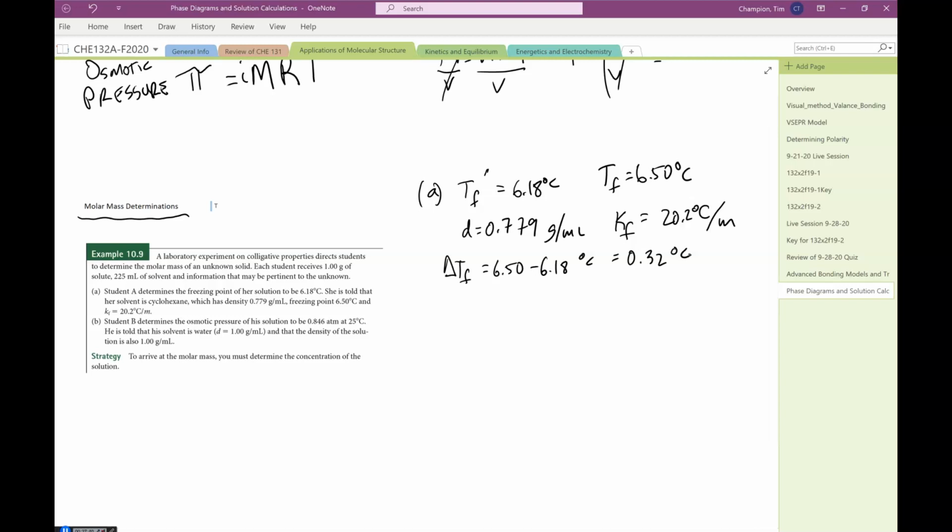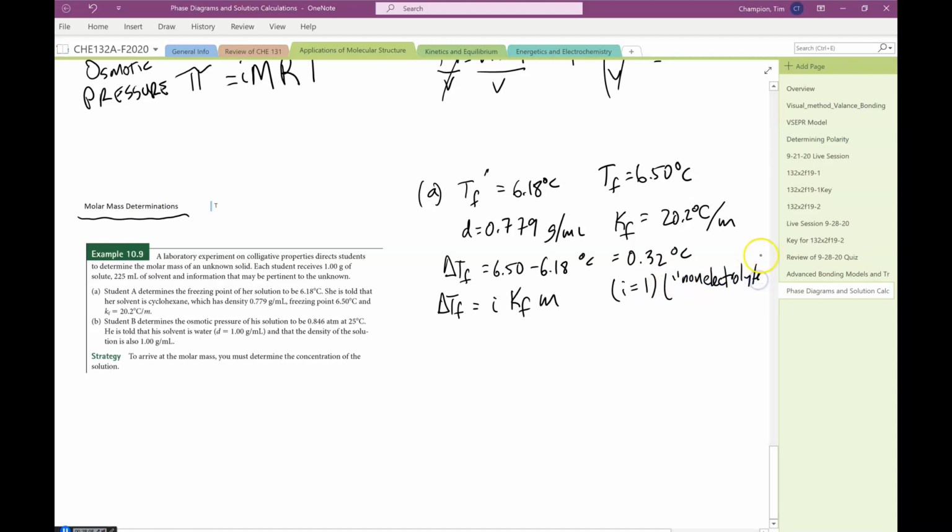Delta T sub F is equal to i K sub F m, where m is the molality. It doesn't say in this, but we're going to assume that i is 1 in this case. It's a valid question. Usually you'd be told something like it's a non-electrolyte.